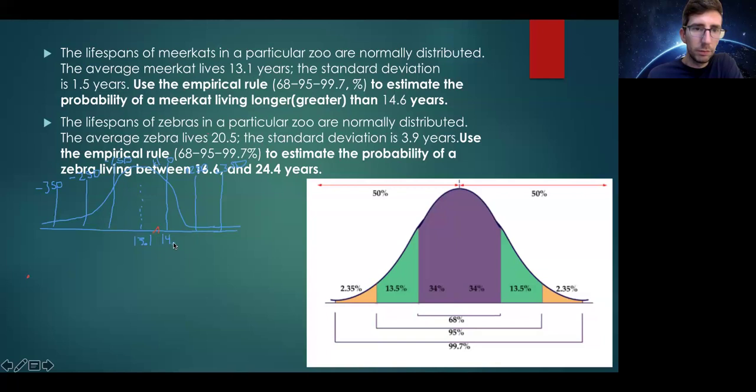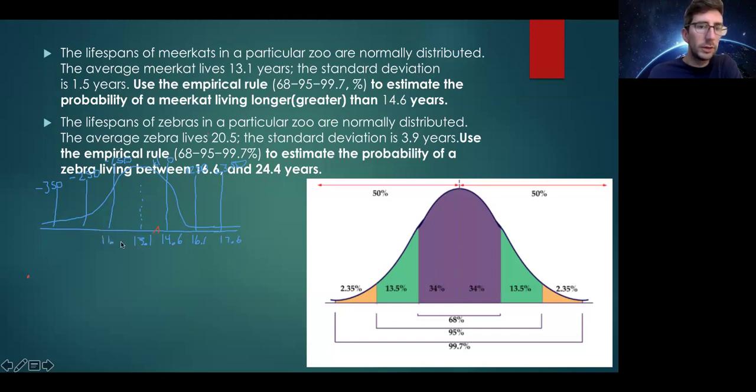So 1.5 plus 13.1 gives us 14.6. If you add 1.5 to 14.6, we get 16.1. And then if we add 1.5 to 16.1, we get 17.6, and so on.